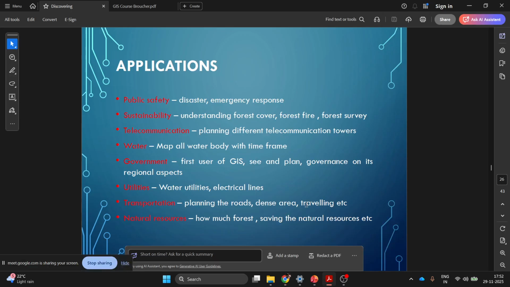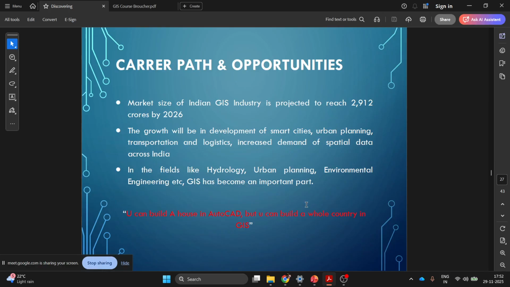So natural resources, how much forest there is and saving those resources, are also aspects of solving problems with GIS in our day-to-day life.